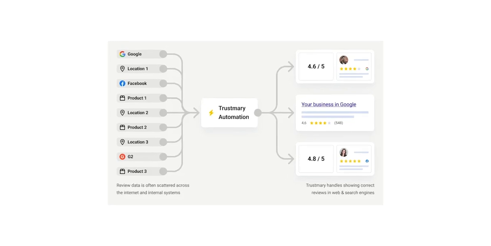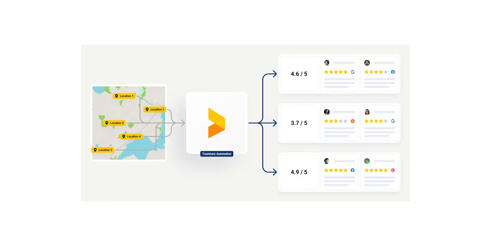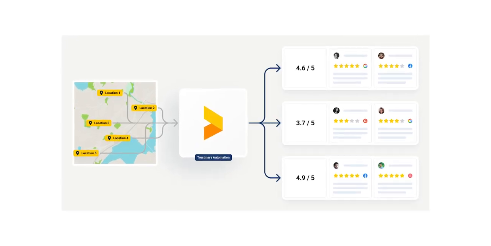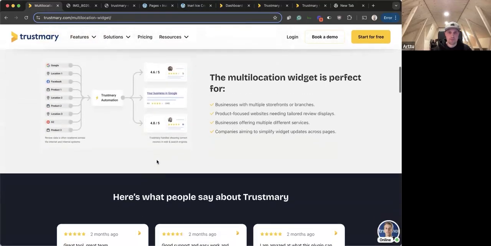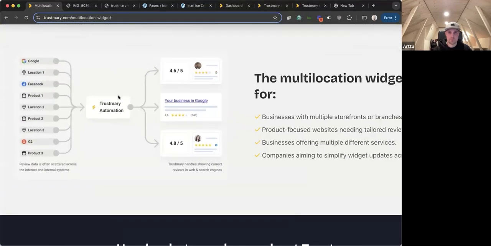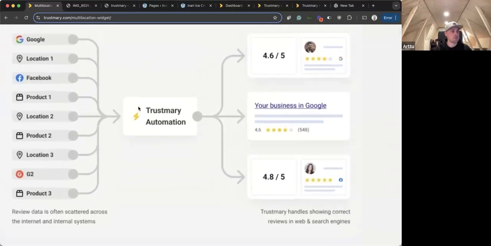The main topic today is dynamic review surveys and review widgets. So we are going through two topics which are related to each other. And here, if you look at this picture, we have been trying to explain all of this in this one picture. So you might have a lot of different locations for your business, different products, different services, and then your reviews in different review platforms.